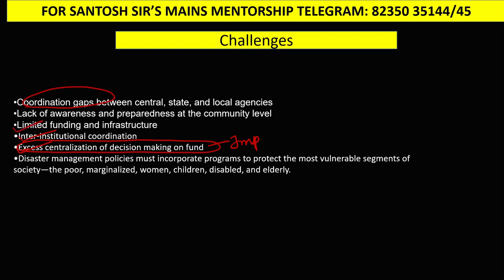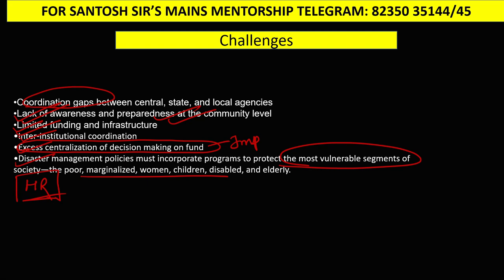Next, funding is limited. Next, awareness is lacking. Preparedness at the community level is lacking. Next, we need to focus on vulnerable segments of the population like the old, women, and children. Last but not the least, we need a sufficient number of human resource also for disaster management. Although we have the NDRF, we need to increase the number of professionals in the NDRF.